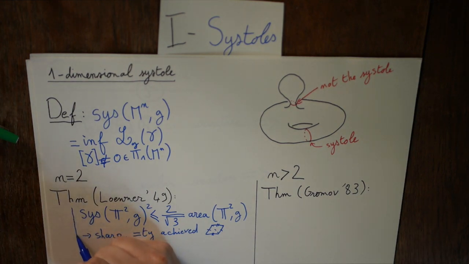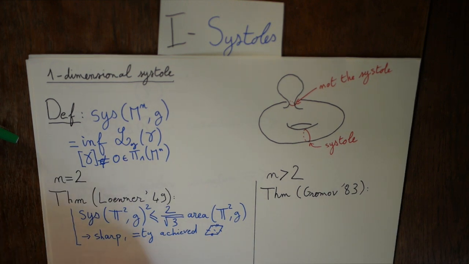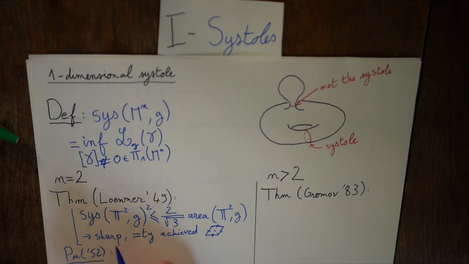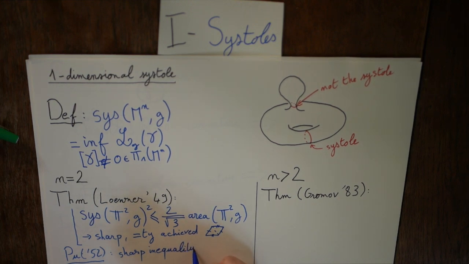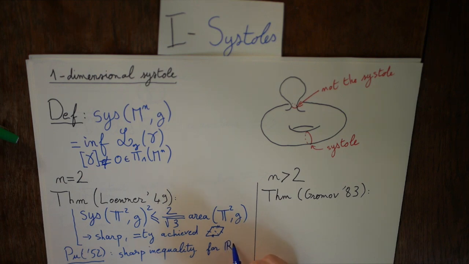There was some activity afterwards on that. Namely, Pu in '52 got a sharp inequality for RP2.